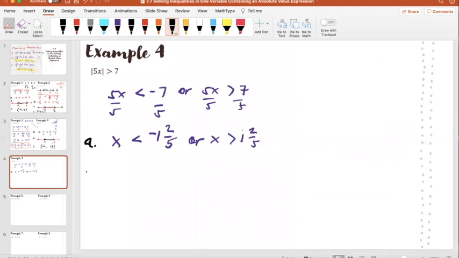We can also write the solution in a graph. So we have negative 1 and 2 fifths. The other one is positive 1 and 2 fifths.